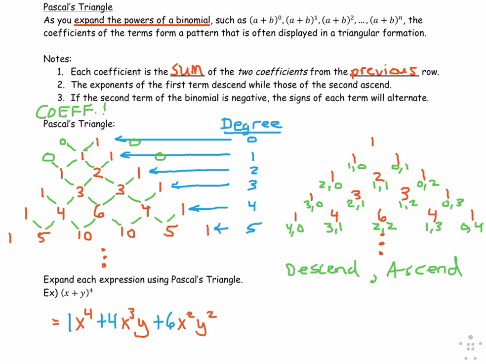Go back to Pascal's triangle, grab the coefficient, descend with the first term, ascend with the second, and grab the last coefficient from Pascal's triangle. Descend with the first term, so that knocks it down to 0, so I won't write x to the 0, that's just 1. And then I ascend with the second term in the binomial, so now that's y to the 4th power.